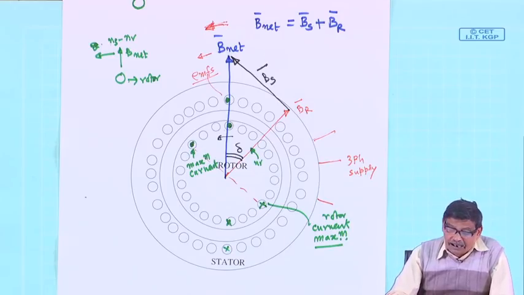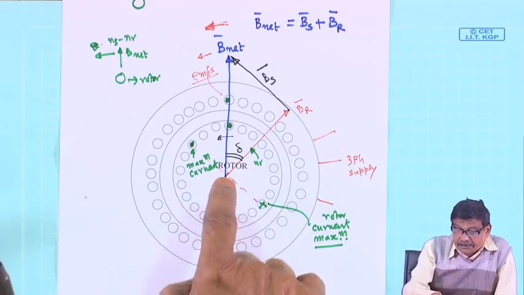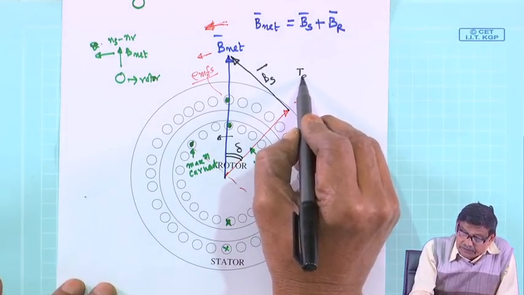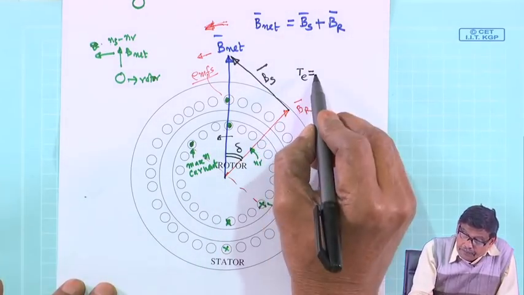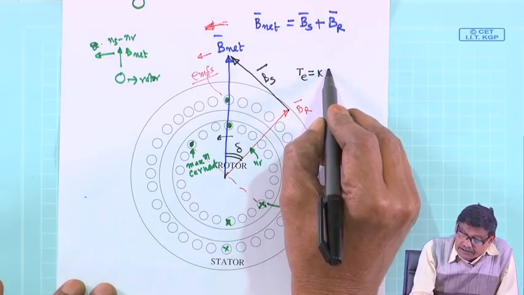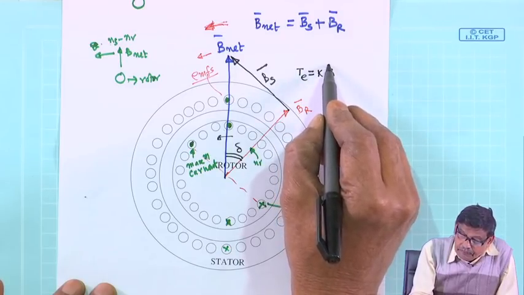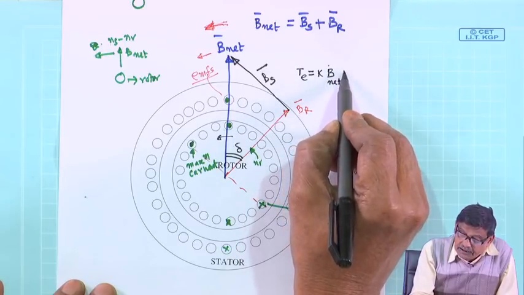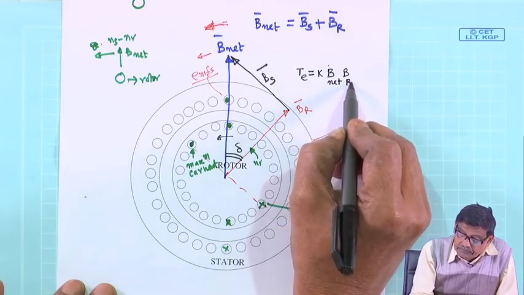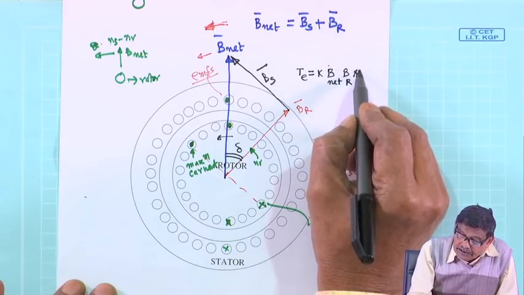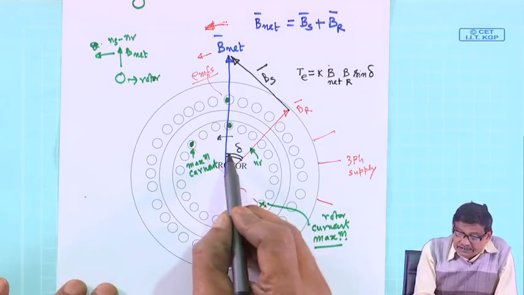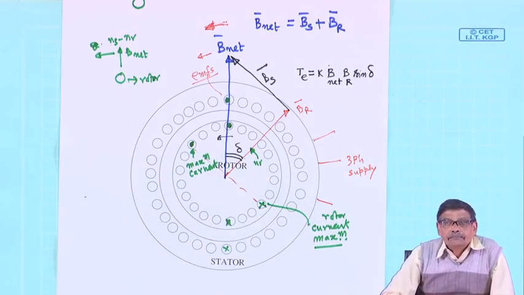But I am sure that the same result I can use and say the electromagnetic torque produced will be K, some constant, times the magnitude of B net, BR, into sin delta, where delta is this torque angle.